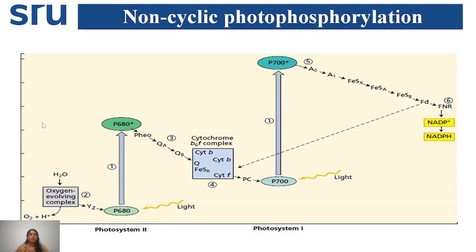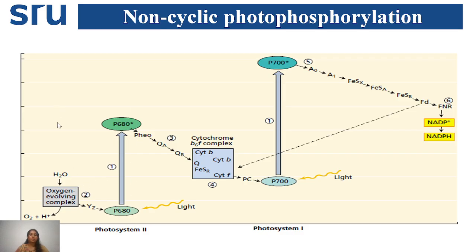Once it takes the energy from sunlight, the electrons are excited from photosystem 2, which absorbs 680 nanometer radiation, and photosystem 1 absorbs 700 nanometer radiation. Once excited, these electrons are transferred through a series of intermediate compounds and never come back to photosystem 2. That's why we call it non-cyclic photophosphorylation. In cyclic, it comes back to the photosystem.